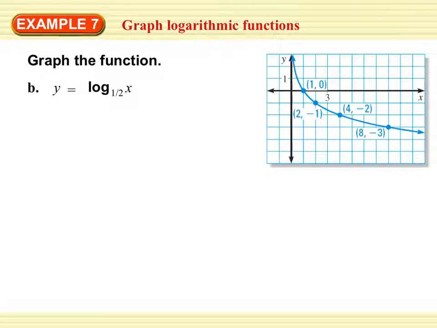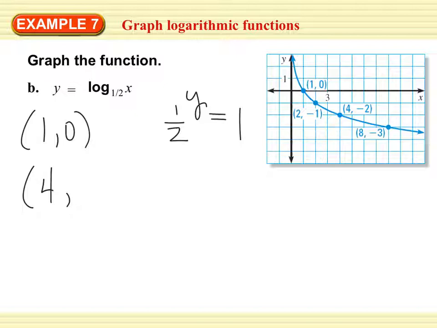Okay, let's plot a few numbers again. That 1 comma 0 is always going to be one of my points because 1/2 to the y equals 1. Anything raised to the 0 power is 1. Let's plug in 4, so 1/2 to the y equals 4.